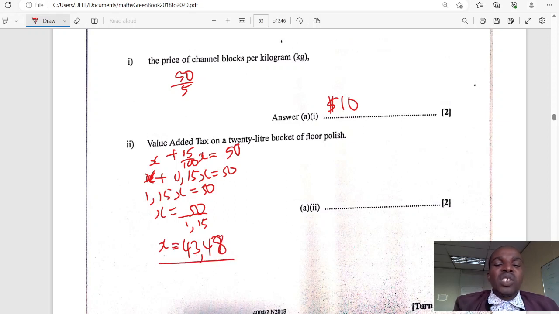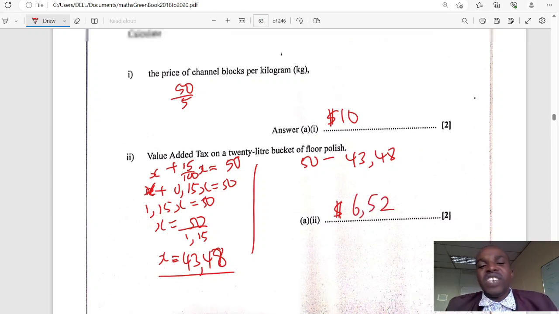So that's the original price. So VAT will be 50 minus this answer, 43.48. That's the value added tax. Then you get 6.52, to 3 significant figures. Done.